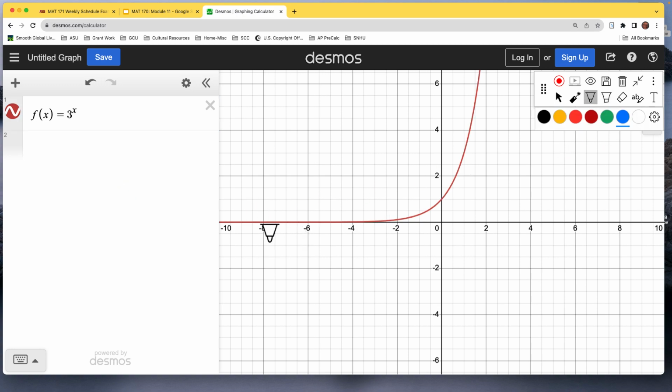I think we talked about this, didn't we? What would the domain be? Good. It's going in this direction, and it's going up. But it's also going that way. What do you notice about the range?